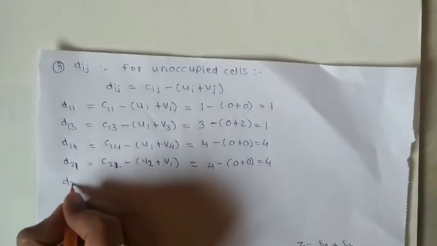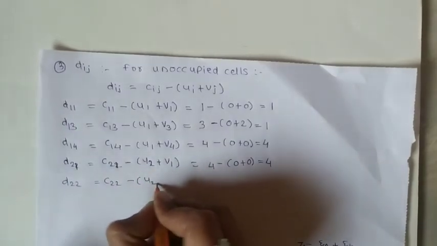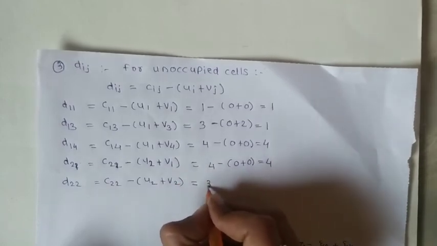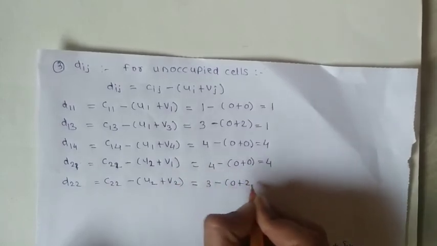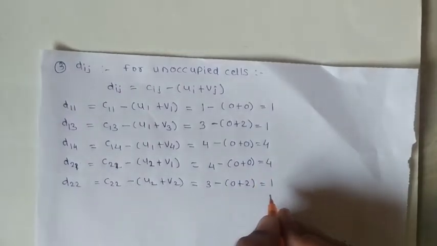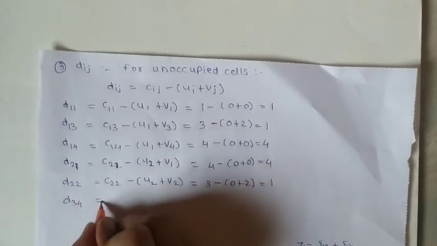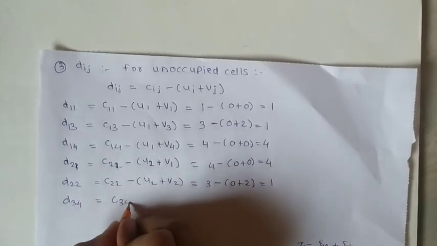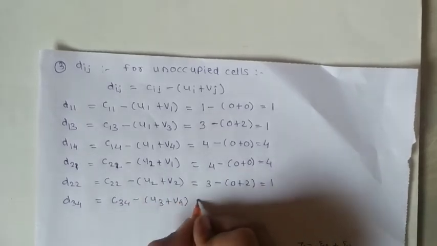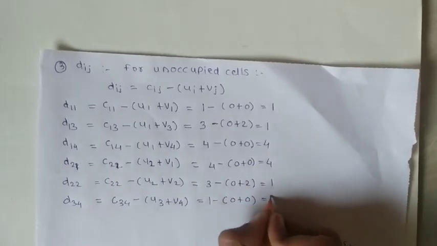For D22, C22 minus U2 plus V2 equals 3 minus 0 plus 2 equals 1. For D34, C34 minus U3 plus V4 equals 1 minus 0 plus 0 equals 1.